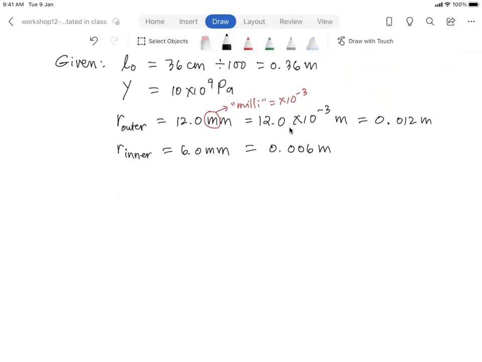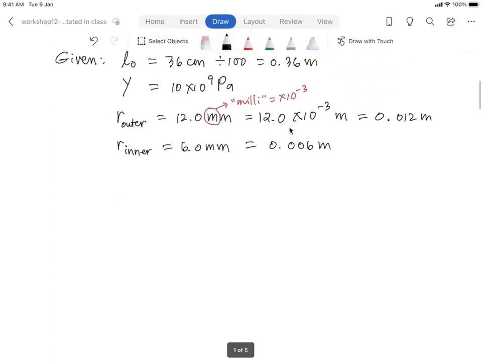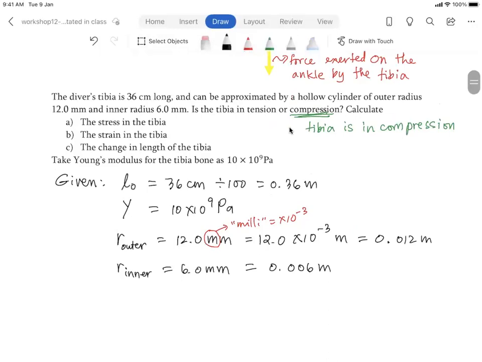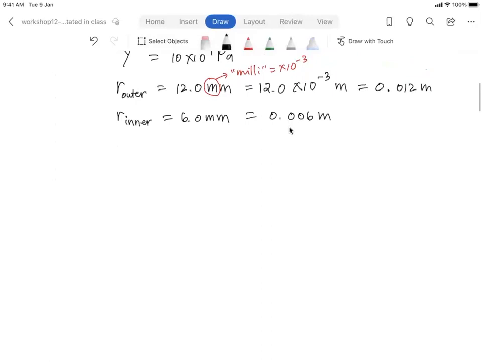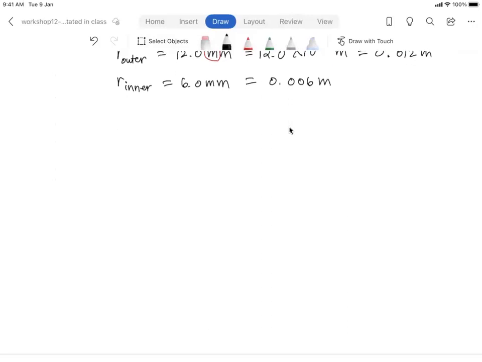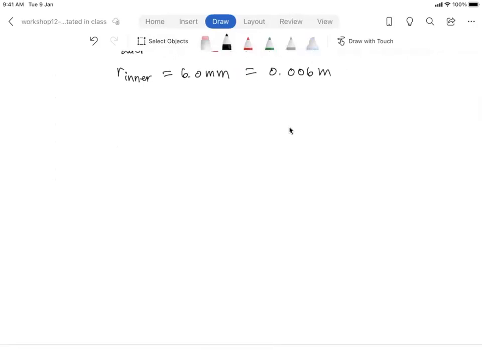Okay, so the bone has an inner and outer radius, and I think it also says that it can be modeled as a hollow cylinder. And the cross-sectional area of a cylinder, so if you cut a cylinder in half and look through one end, you'll see that the cross-sectional area of a cylinder is a circle. But it's a hollow cylinder, so you have here the cross section of the hollow cylinder.